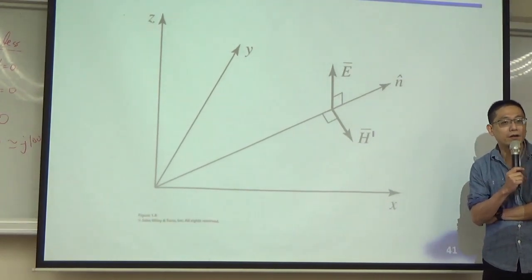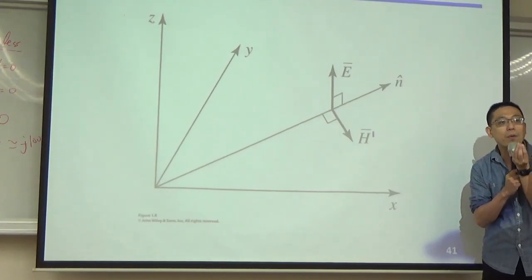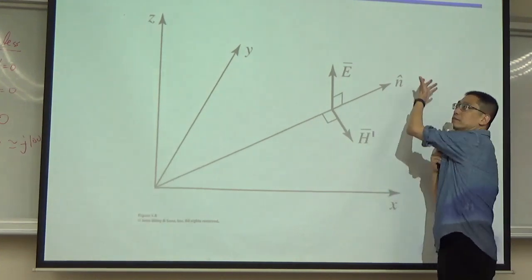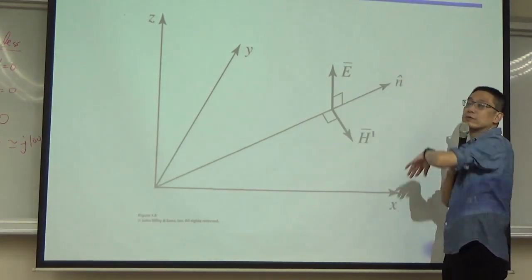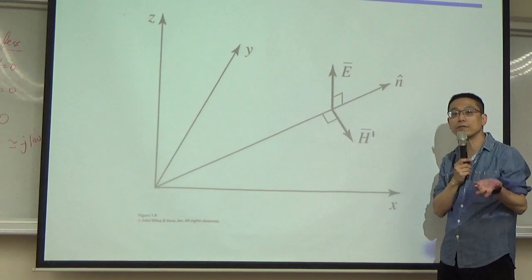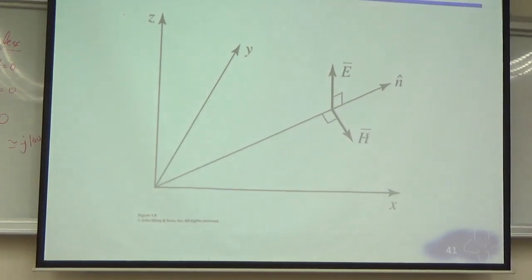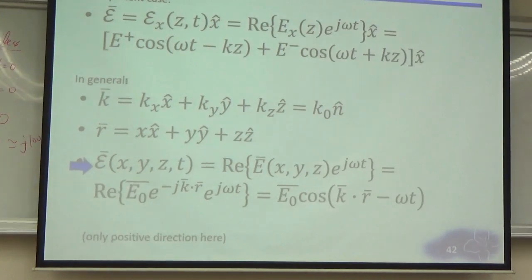The difficult part is how to use your math to describe what I say. What is the general plane wave solution, for a more general direction of your E field? You will use a more general K and a more general vector R.